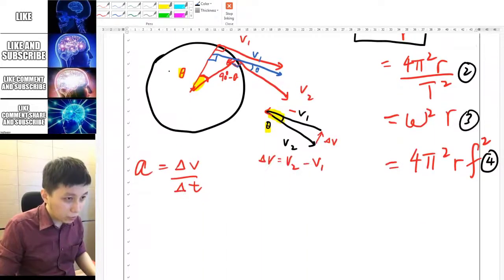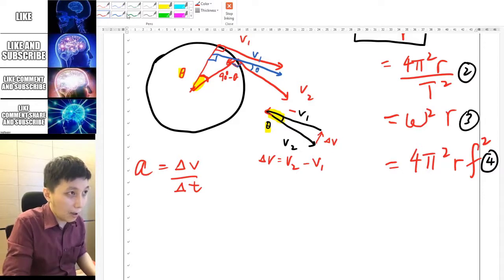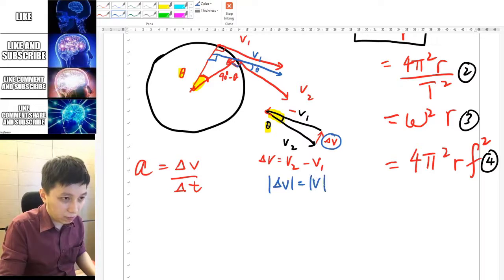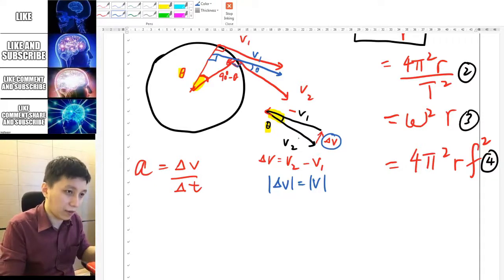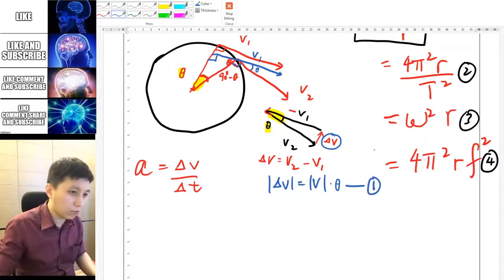So if you want to find the magnitude of delta V, that equals V, because the magnitude of this equals the magnitude of V. I can't say V1 or V2 because that is a vector, but if I call it magnitude, then that's fine, times the angle theta. I will call that equation 1.